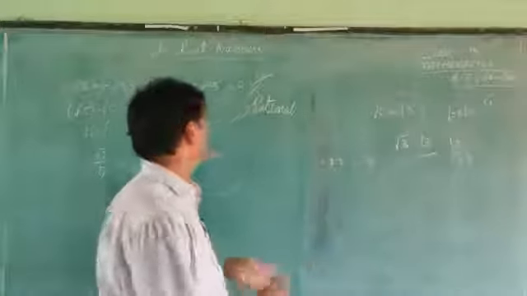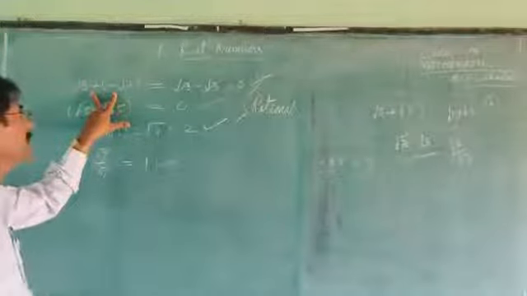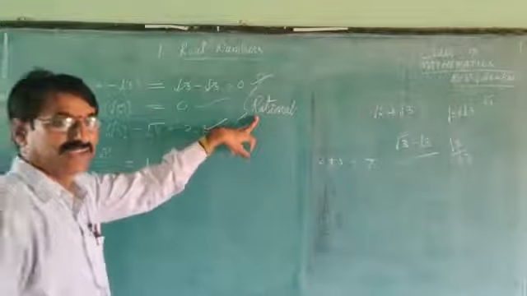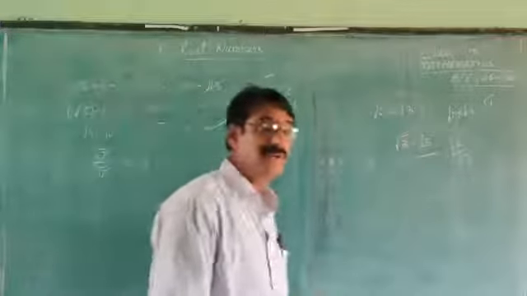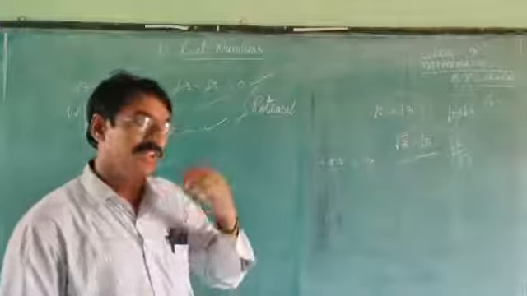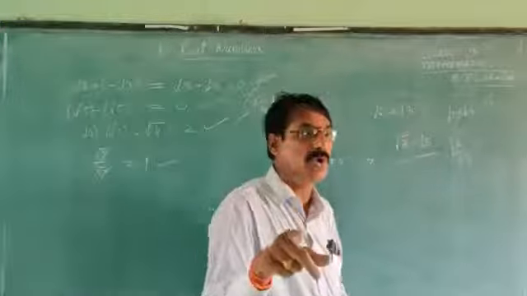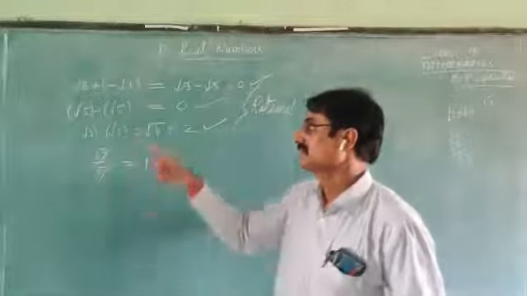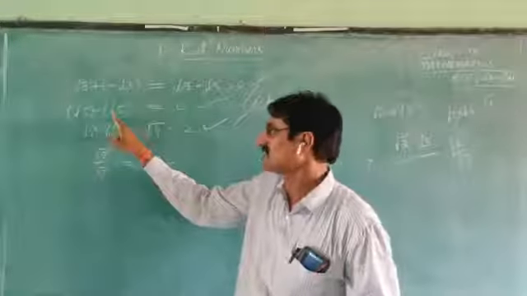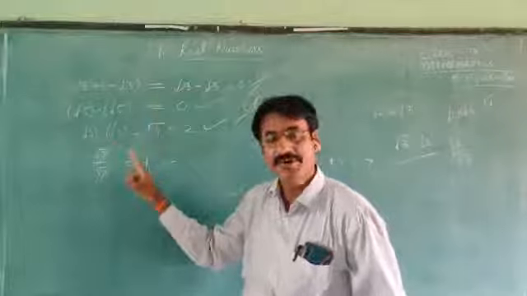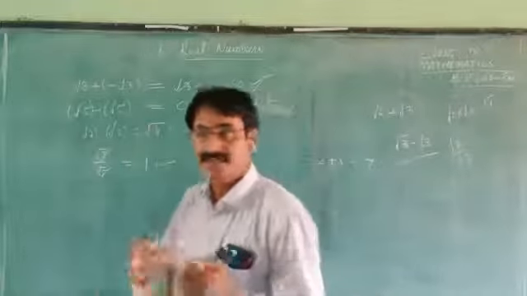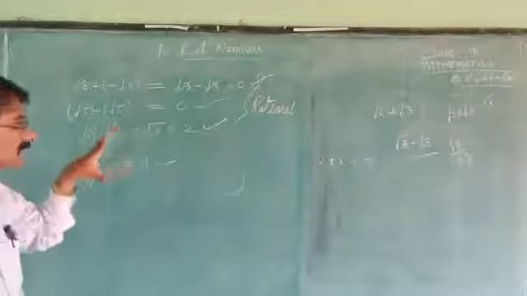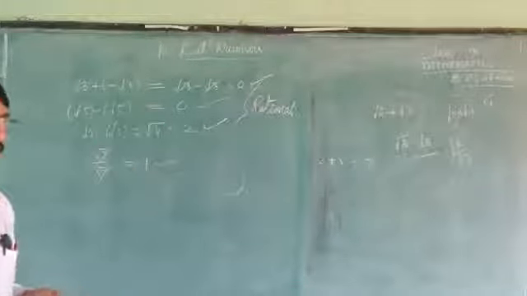Like that, the sum of two irrational numbers can be a rational number. So we conclude that the irrational numbers are not closed under addition, subtraction, multiplication and division. It is our conclusion we observed through this example.